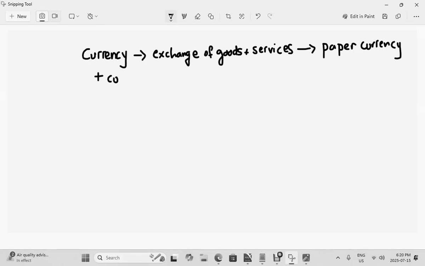Now, we talked about the value of the currency as well as its storage, when it comes to paper bills, in the last video, so we're not going to go into much more detail.